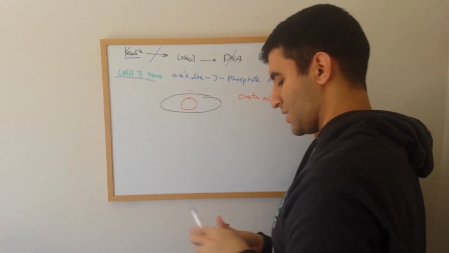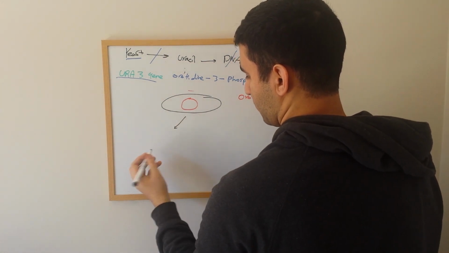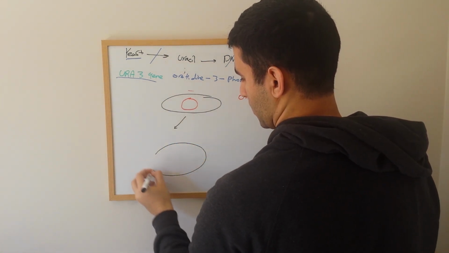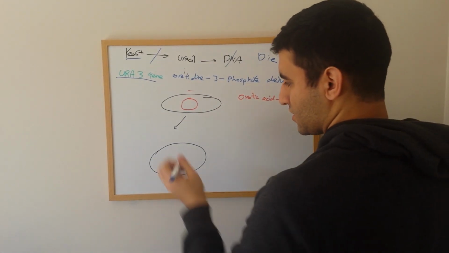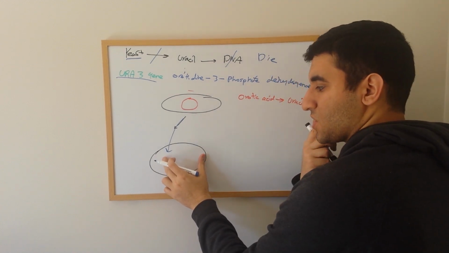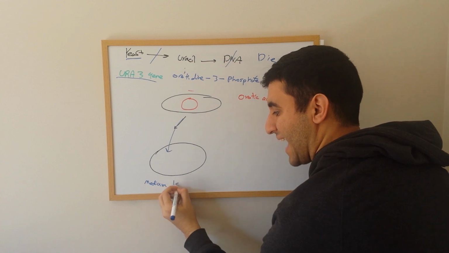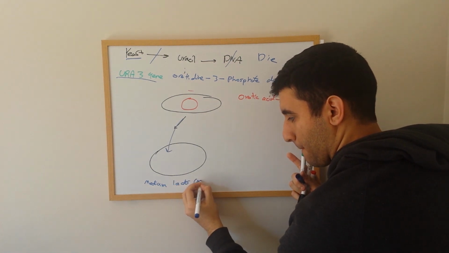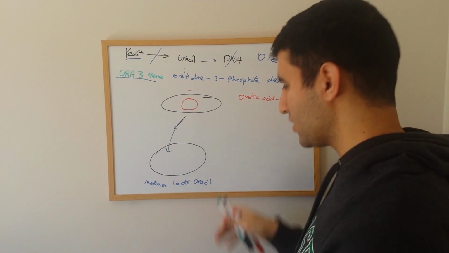Now, if you place it inside a medium, imagine this medium lacks uracil. So there is essentially no source of uracil or thymine whatsoever.